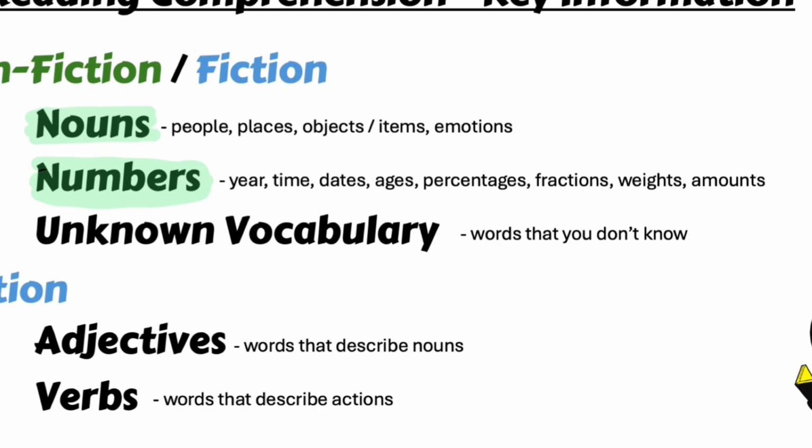And the third thing that we're going to look to identify when we're reading a text is unknown vocabulary. And basically, unknown vocabulary is just words that you don't know. The key thing in a reading paper is, there'll be words that you come across that you don't know. The best way to approach them is to just think, great. Okay, I don't really know what it means, and there's nothing we can do about that at that point.